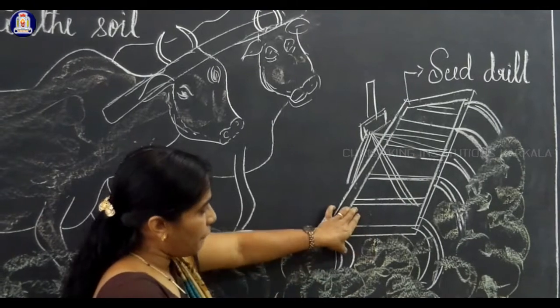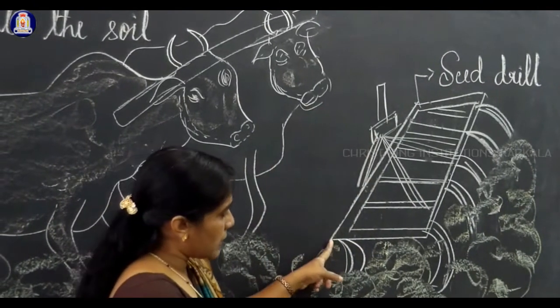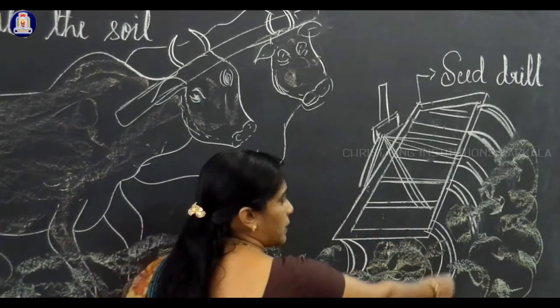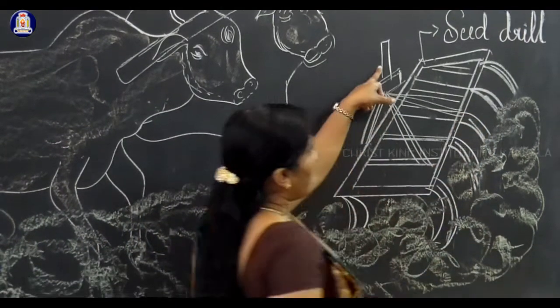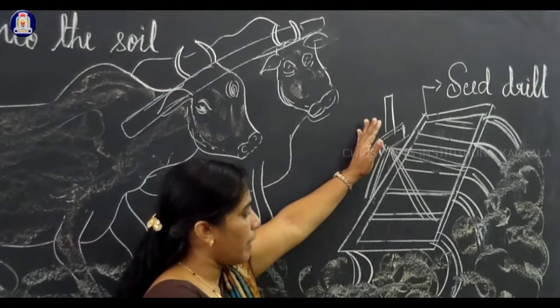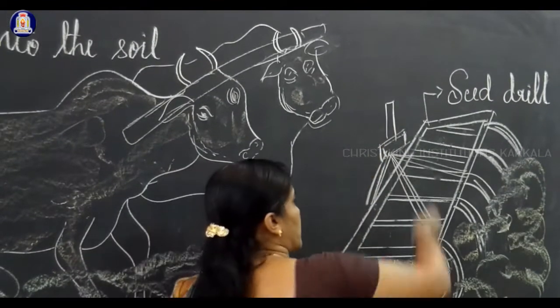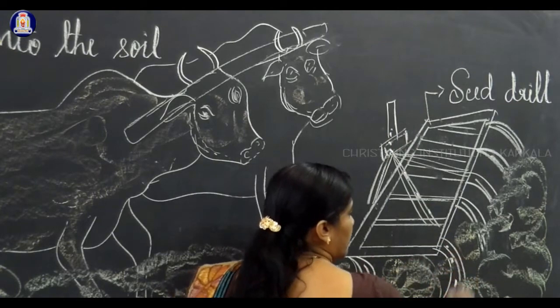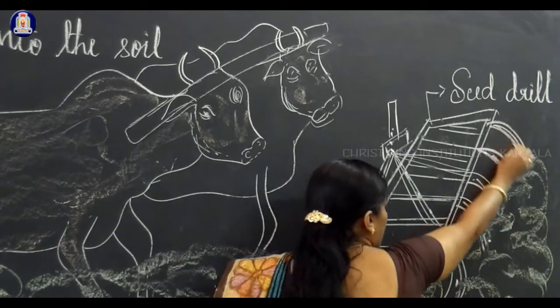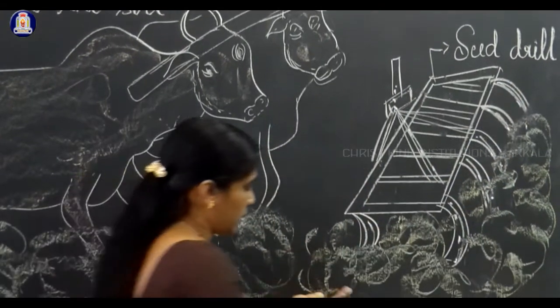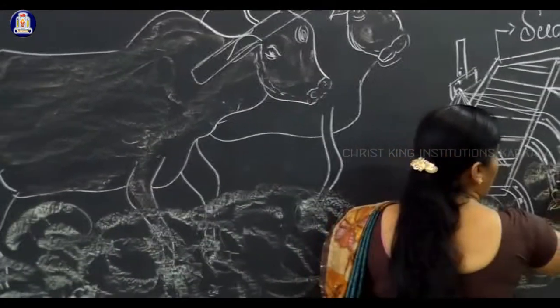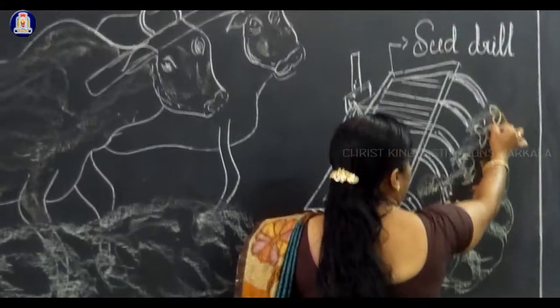Seed drill is a structure with a sharp blade-like structure attached to a tractor. When it is attached to the tractor, the seed will be filled here. Each unit has a unit blade, and through each unit the seed will be sown uniformly.